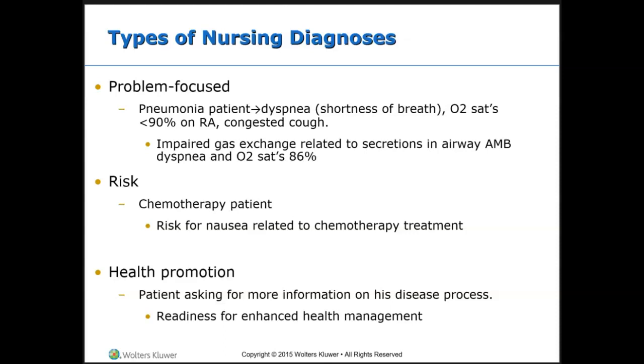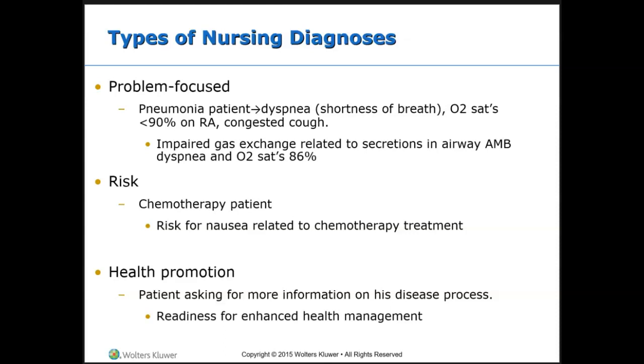So the problem focus would be impaired gas exchange related to secretions in their airway as evidenced by or as manifested by. So AEB or AMB does not matter. They mean the same. As evidenced by dyspnea and SpO2 of 86%, or oxygen saturation of 86%.